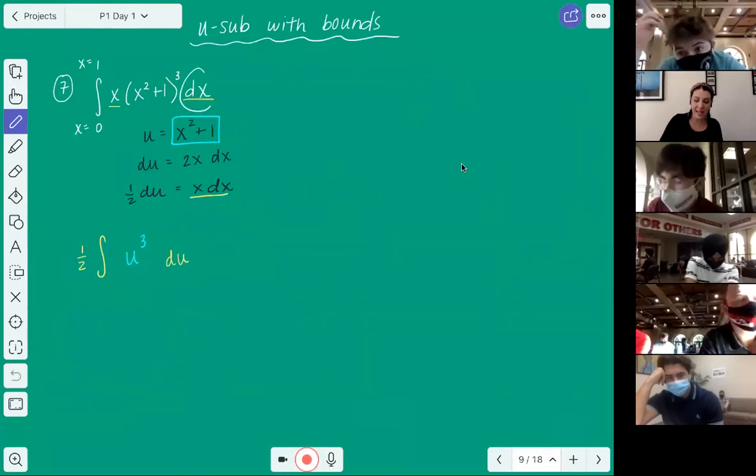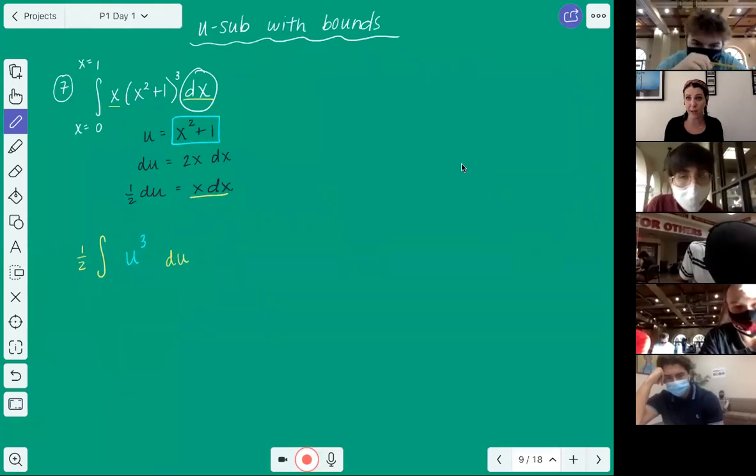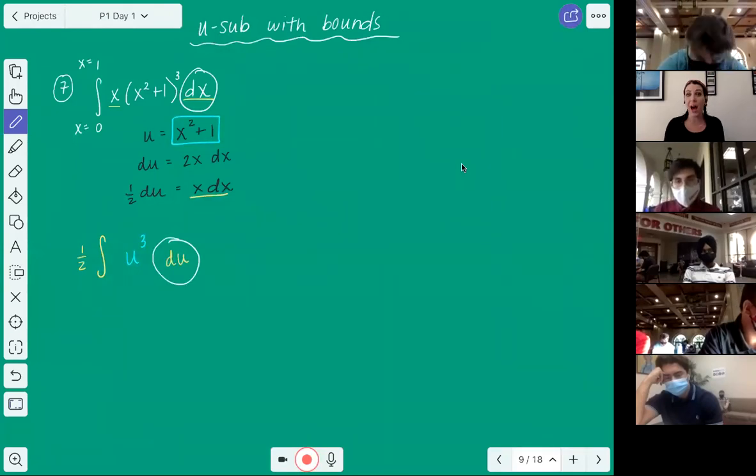Since this is a dx, everything in the problem is with respect to x, meaning the bounds are with respect to x. So even though it's not labeled as such, those bounds are x bounds. Those are an x equals 0 bound and an x equals 1 bound. When I do U substitution, and I now change this so everything's with respect to U, I also need to change my bounds.